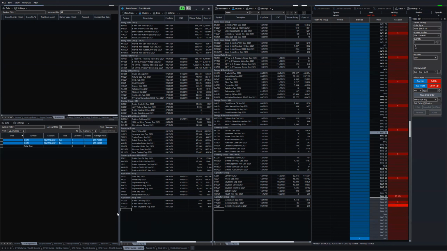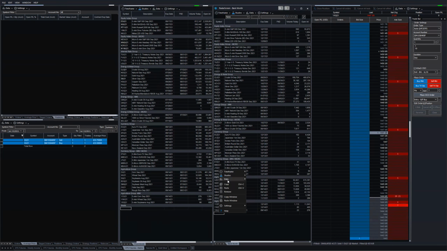Now meats. Very seasonal product. They have nice seasonal highs and seasonal lows. So something we should really consider to trade with our indicators in the future. So we have 3 meats: lean hogs, live cattle, and feeder cattle.